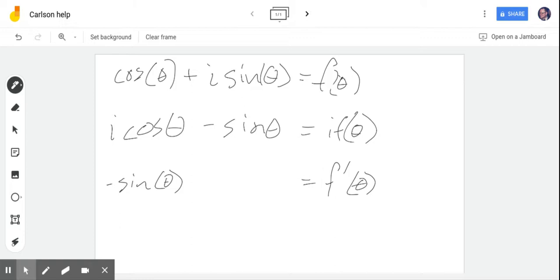And if we take the derivative of i sine theta, that's going to be i cosine theta.